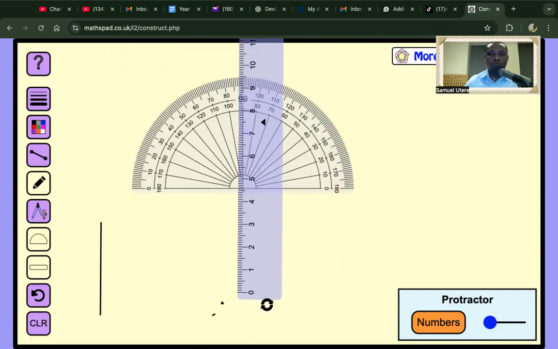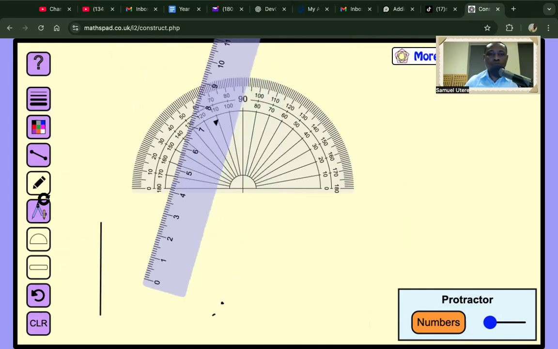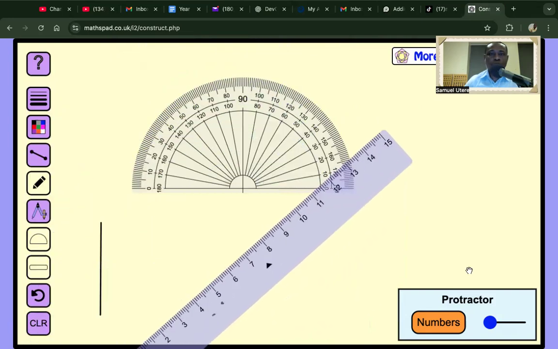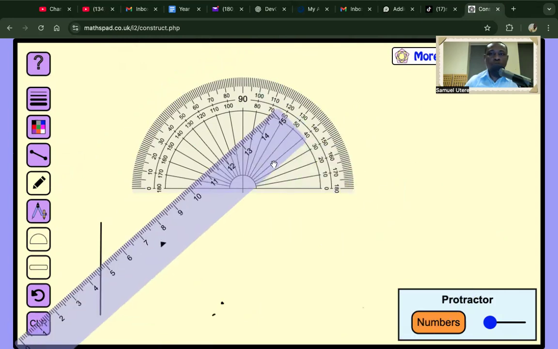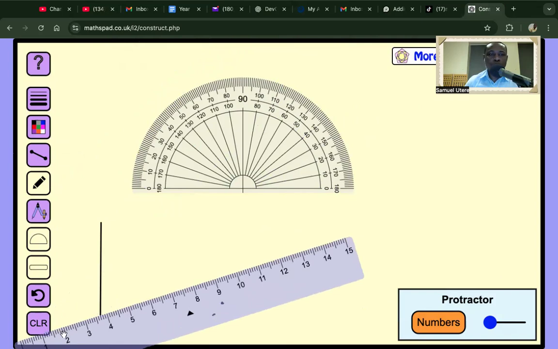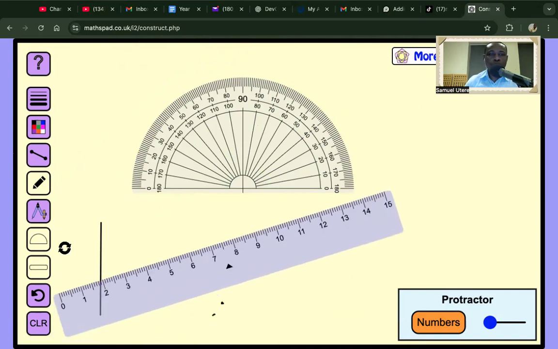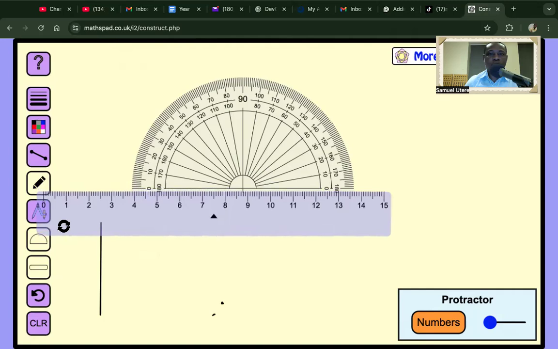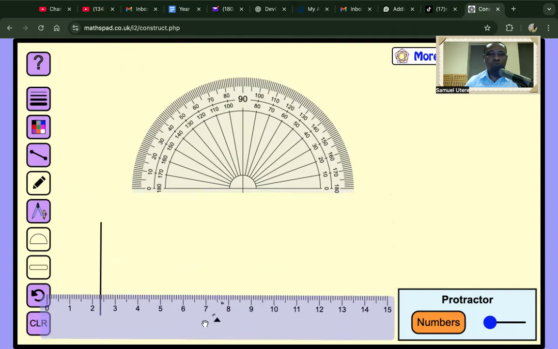Bring your ruler. So with construction, you have to practice, practice, practice. That's the only way you get better at this.